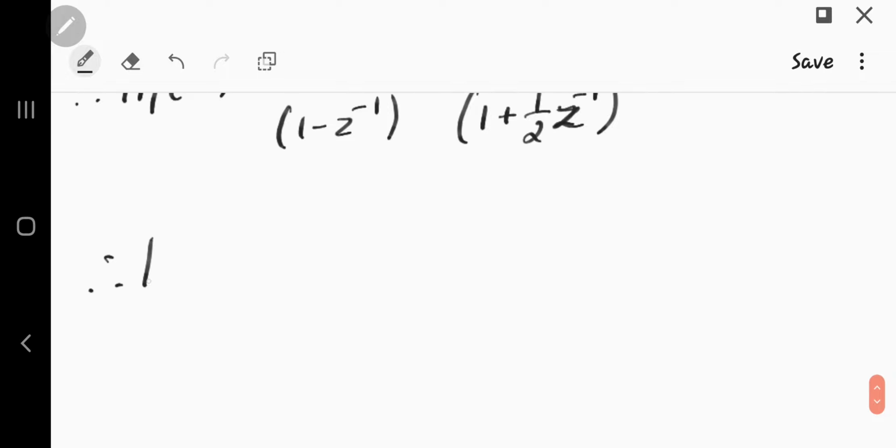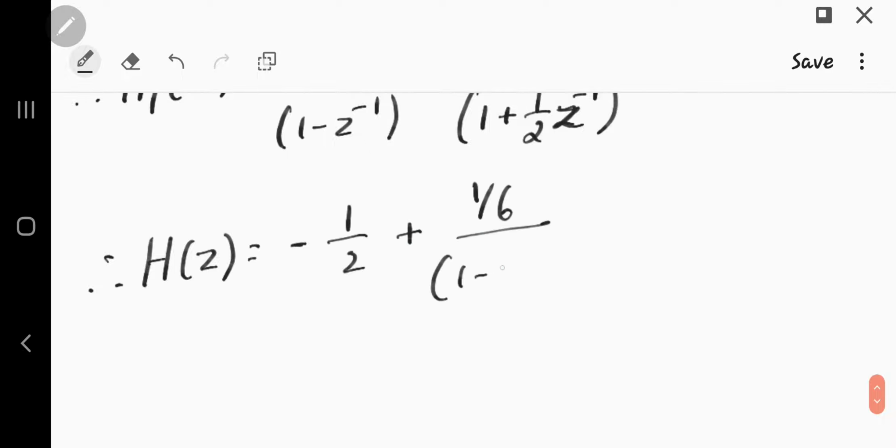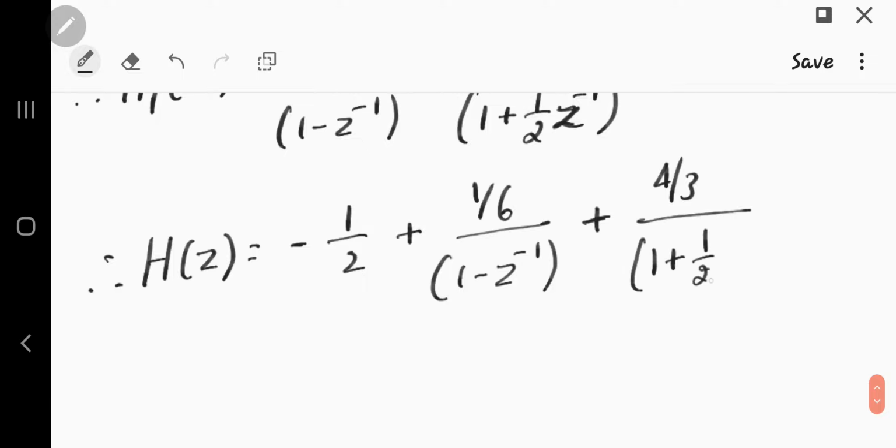So therefore X of Z is equal to minus 1 by 2 plus 1 by 6 divided by 1 minus Z inverse plus 4 by 3 divided by 1 plus 1 by 2 Z inverse.